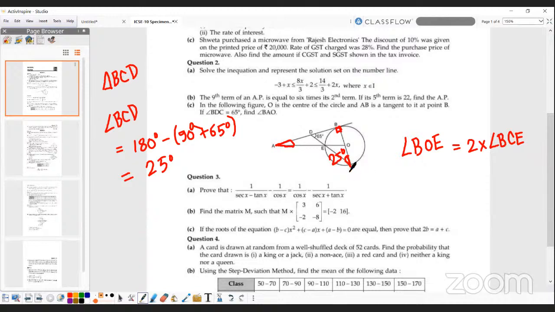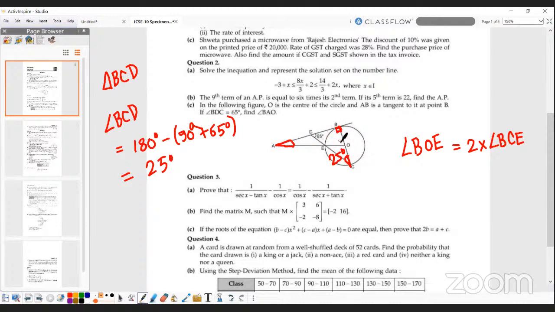Yes sir, but I am saying that what you found, BCD, we can do it by writing the sum of angles of a triangle is equal to 180, right? Yeah, I found BCD using that only. But now my purpose is to find BAO.